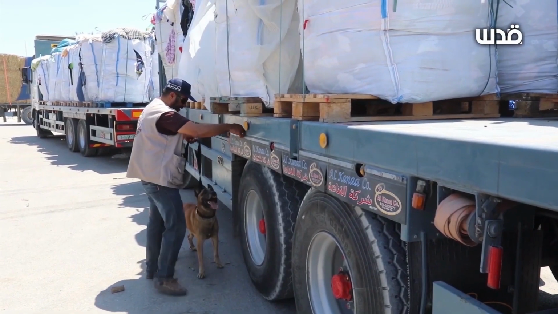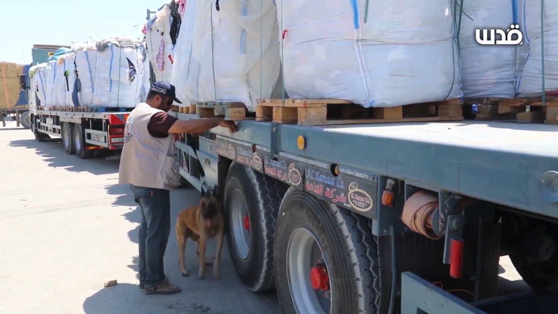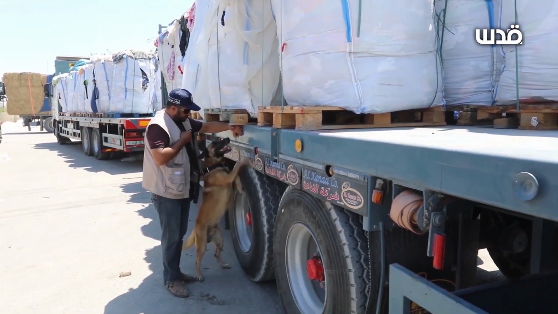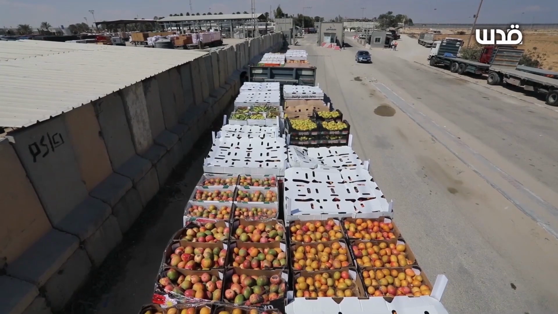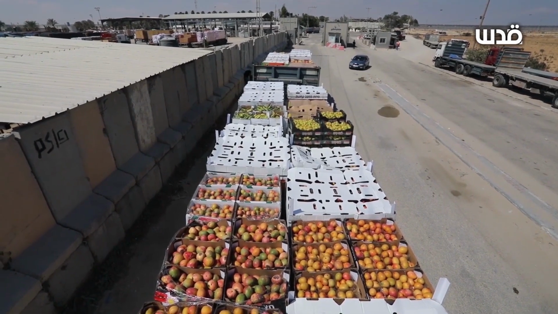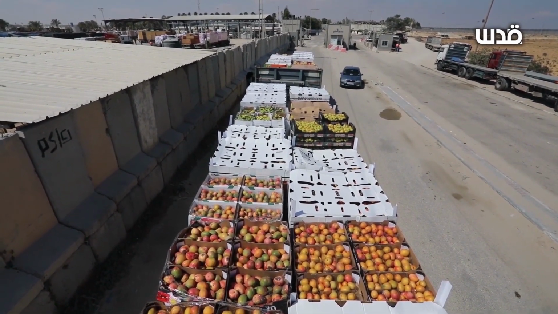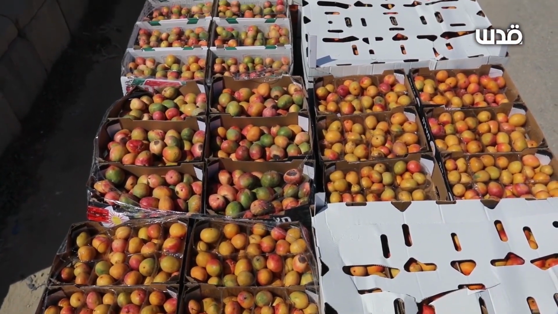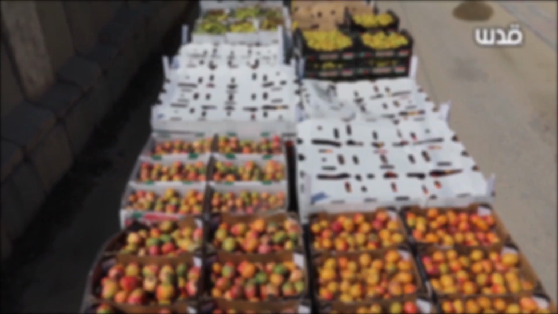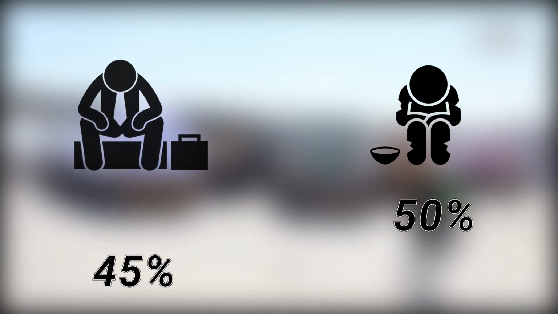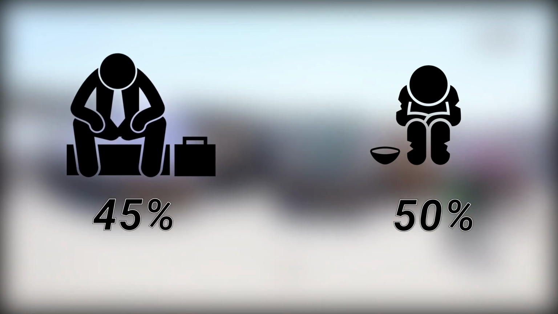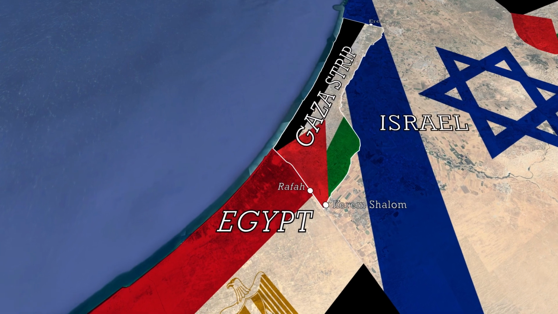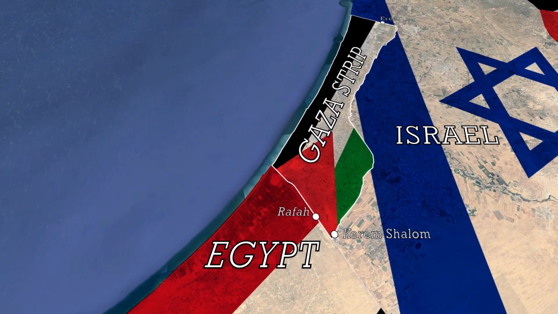Even though a minimum number of calories necessary to prevent malnutrition was calculated based on a document from Israel's coordinator for government activities in the territories, the number of daily truckloads allowed into Gaza fell short of this calculation. The blockade has led to a dire economic situation, with around 50% of Gazans living below the poverty line and approximately 45% unemployed. This situation has given Gaza the unfortunate label of the world's largest open-air prison.